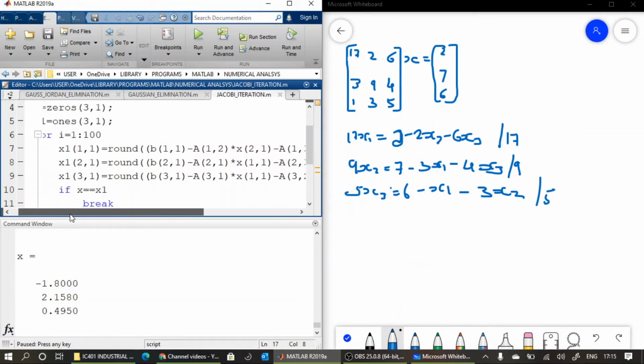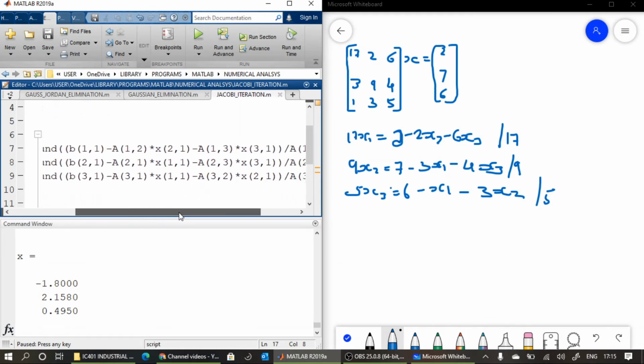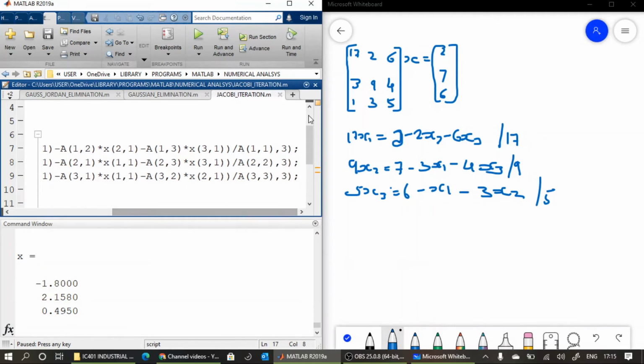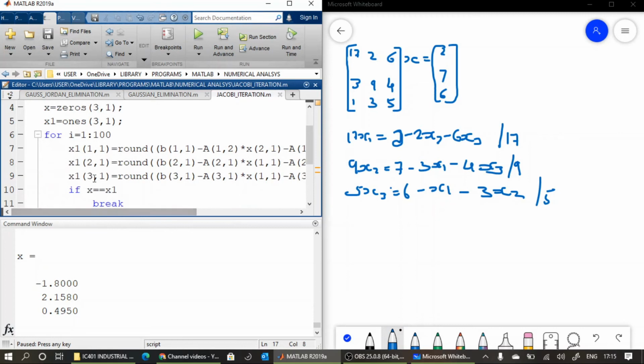Similarly, x2 is equal to b2, 7 is b2, minus a21 x1, 3 is a21, minus a23 x3, that is 4, all divided by a22, this 9 is a22. Similarly, we have the third equation.